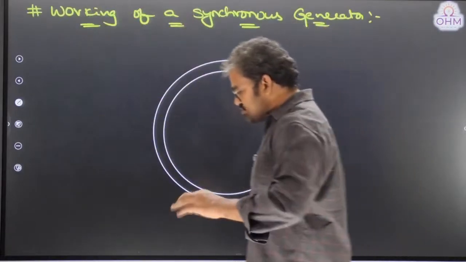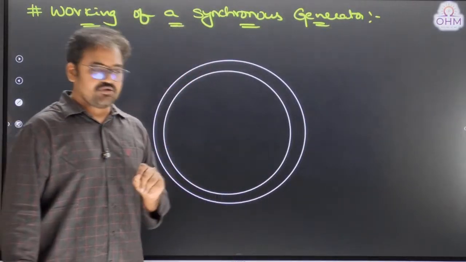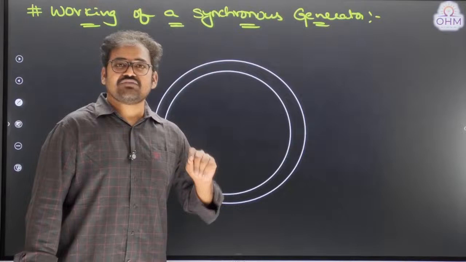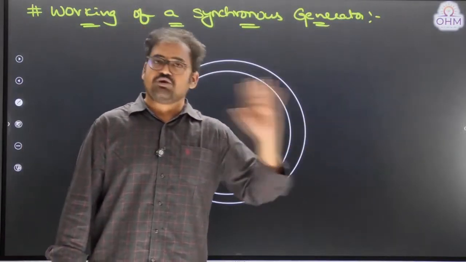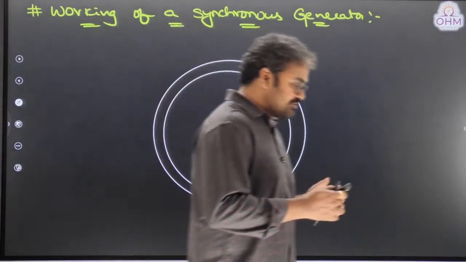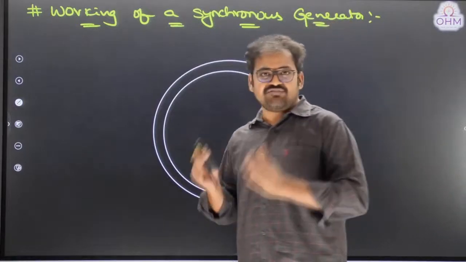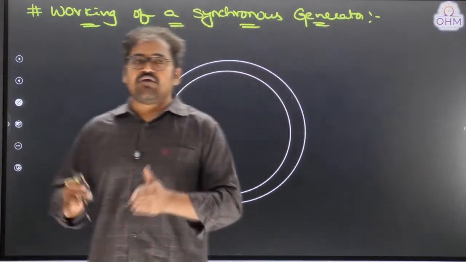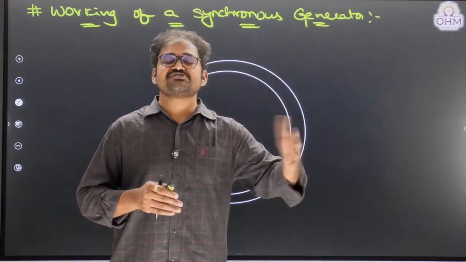Now, let us quickly try to understand how an alternator works and how it generates balanced 3-phase output voltage. Majority of power system generation, transmission and distribution happens in 3-phase format. Therefore, alternators are also expected to generate balanced 3-phase voltages.